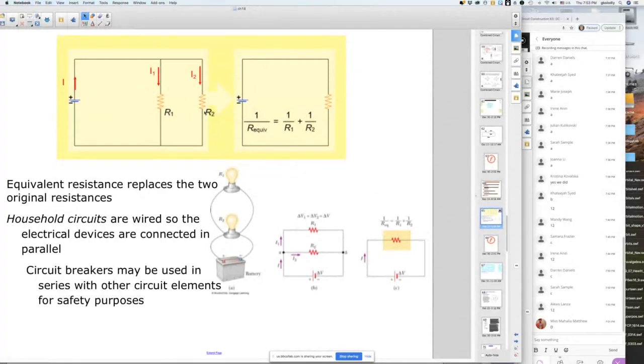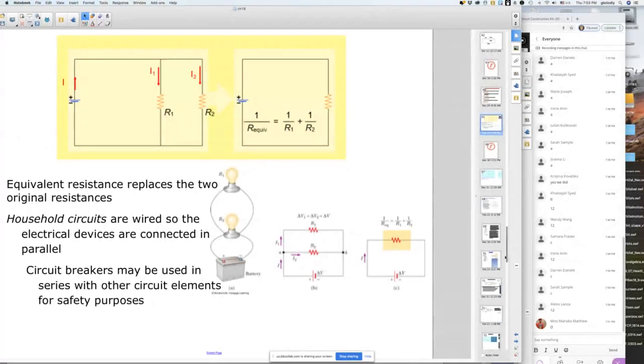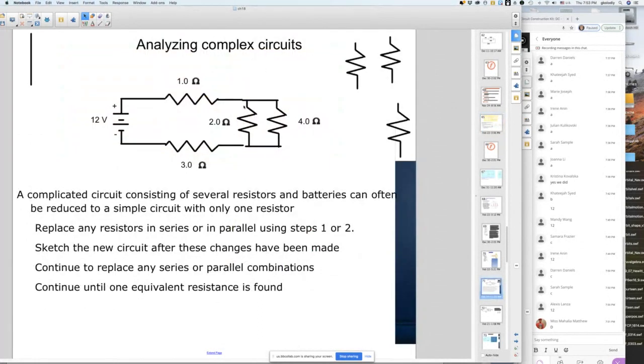Don't forget, the total resistance in parallel is given by that equation, going to be smaller than either one of these. But what I wanted to do is just look at an example like this one here. Well, we're not going to do it here, but you'll have a similar type of problem on the pop quiz.